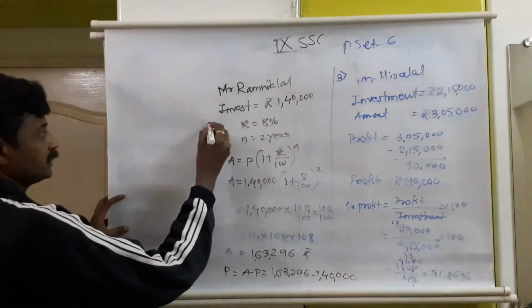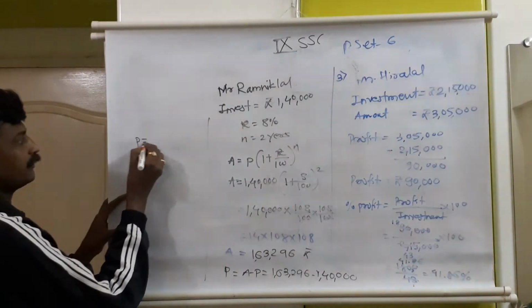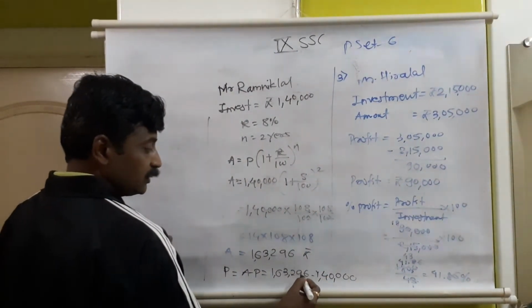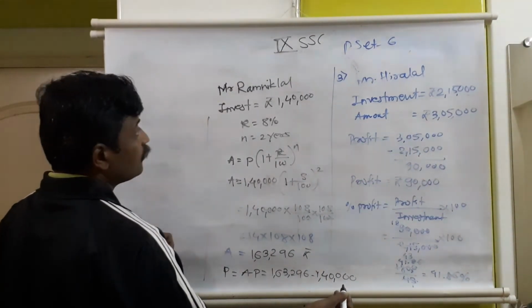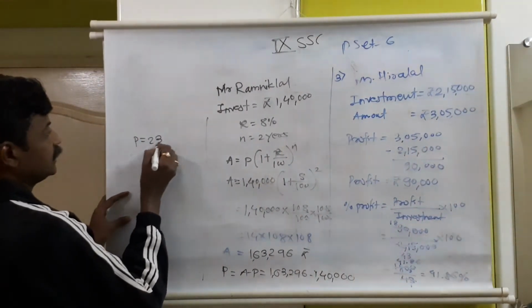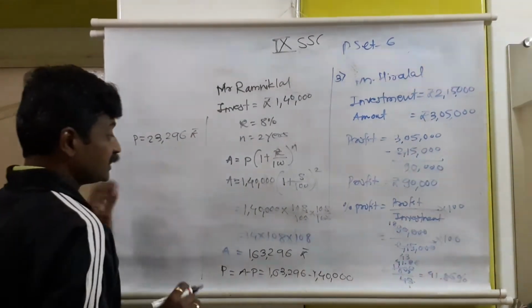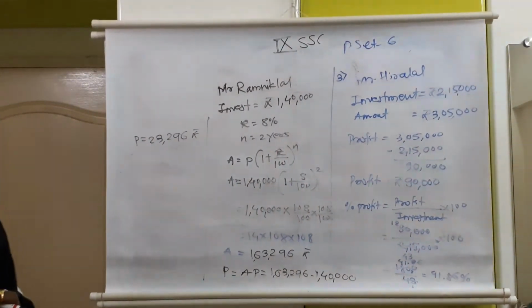The difference amount is nothing but his profit. The difference is clearly 23,296 rupees. This is the profit for Mr. Ramnik Lal.